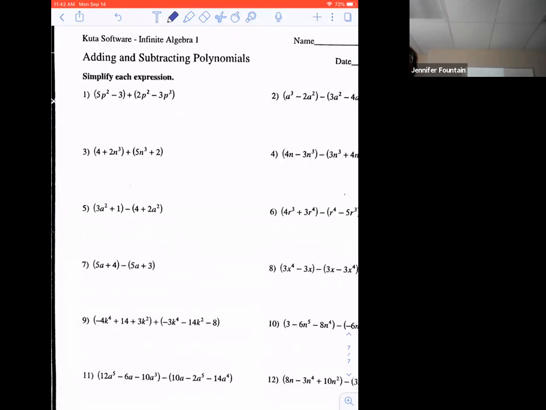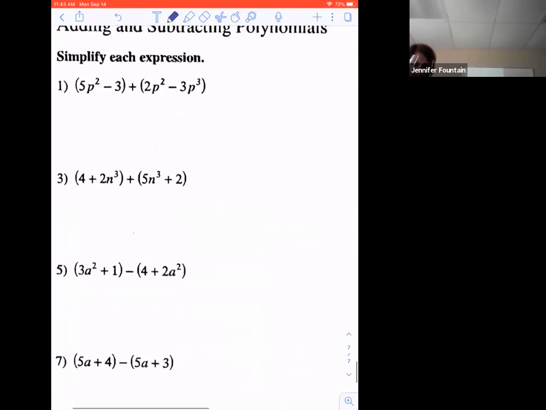Okay, so listen up. This is where I want to make sure when I'm adding and subtracting polynomials, it is going to help to rewrite them vertically. Okay, so let's look at the first one. I'm going to take 5p squared minus 3 plus 2p squared.